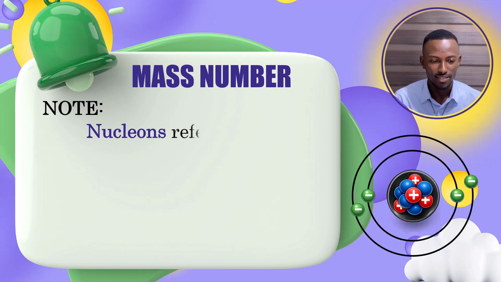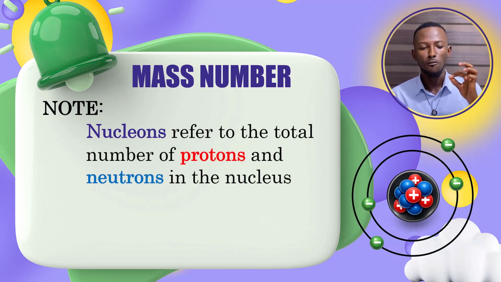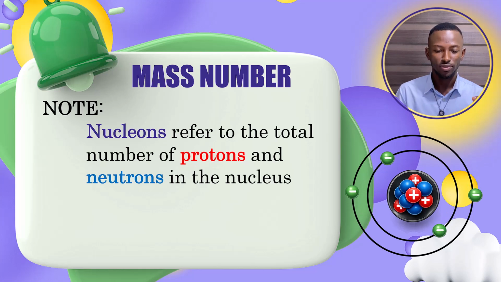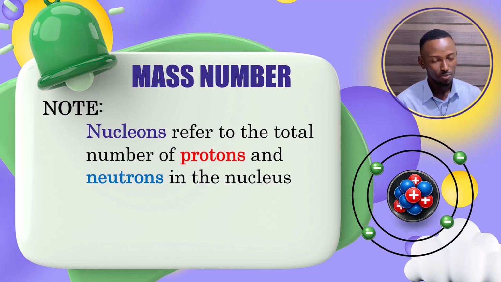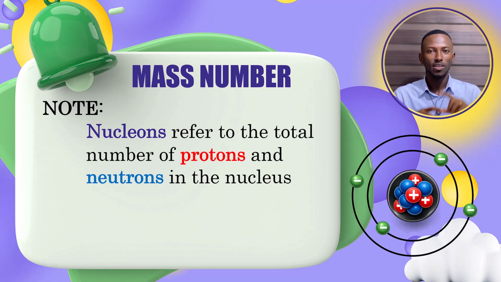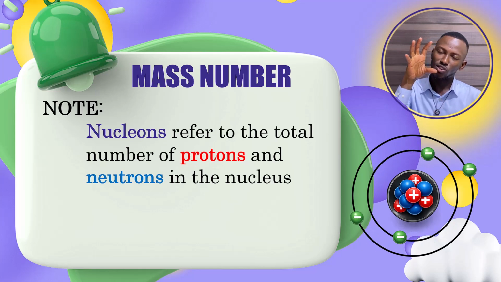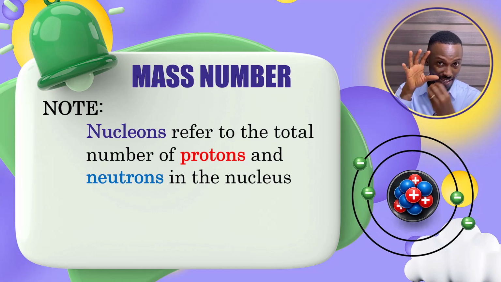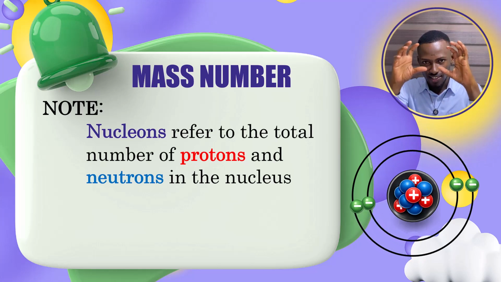So note this: nucleon refers to the total number of protons and neutrons in the nucleus of an atom. That's one interesting point I want you to pay attention to. The atom has a central nucleus. Inside the nucleus, we have particles. The particles are protons and neutrons.